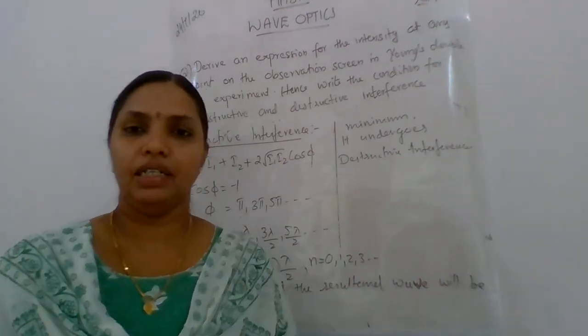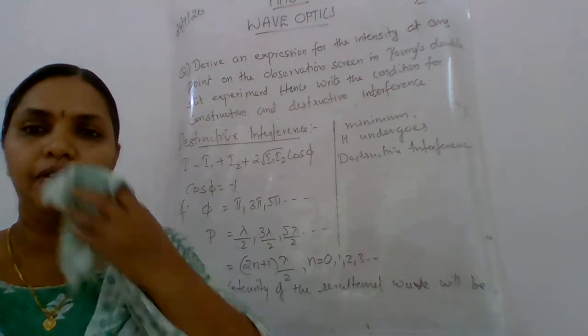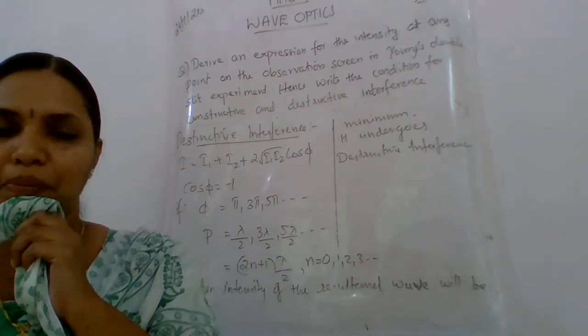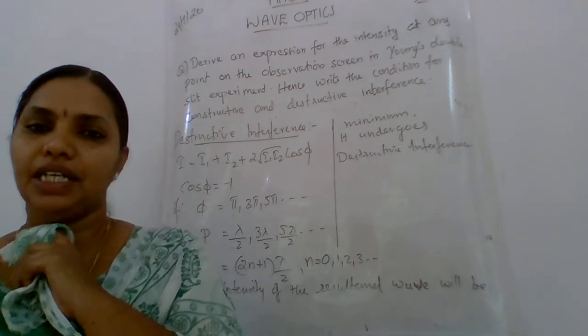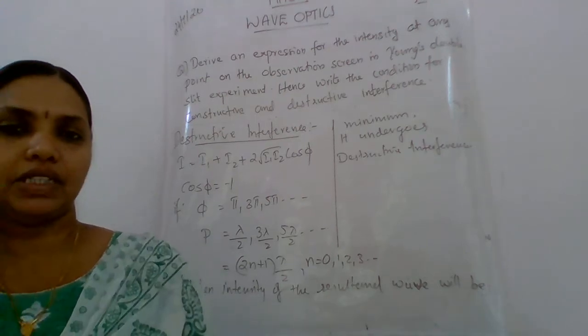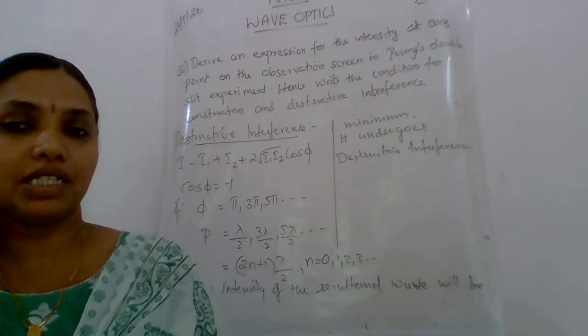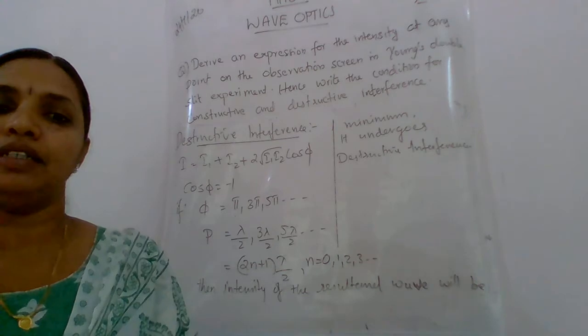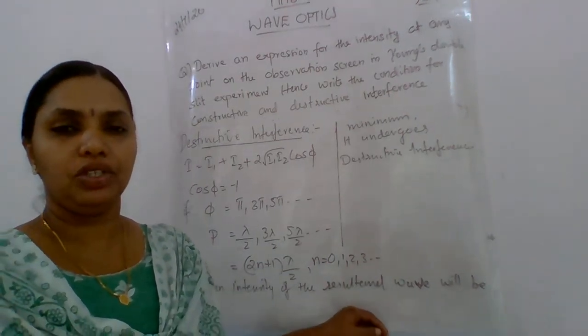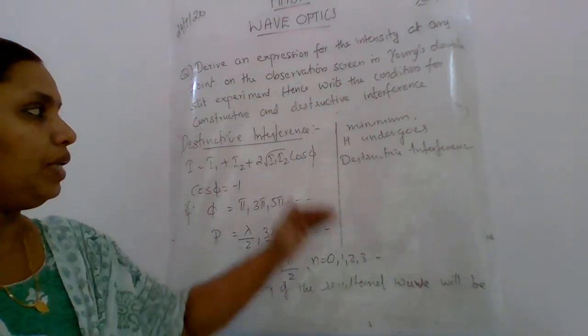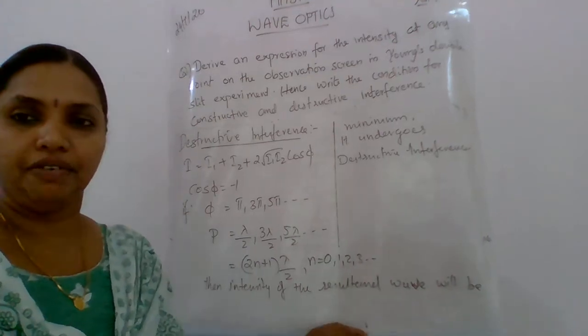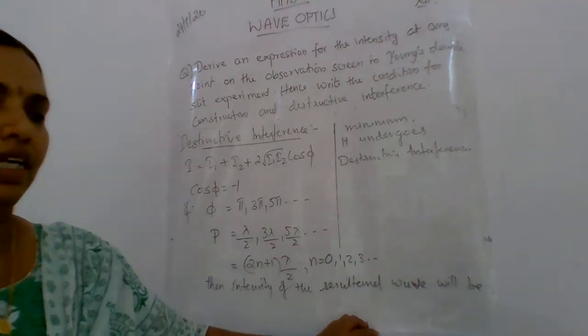So we proved that the resultant wave is a sine wave, and we got the expression for the amplitude and the expression for intensity, and from that we have seen a term called the interference term or interference factor, and based on the variation of that interference factor we could explain constructive interference and destructive interference.